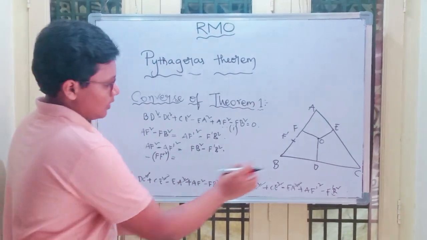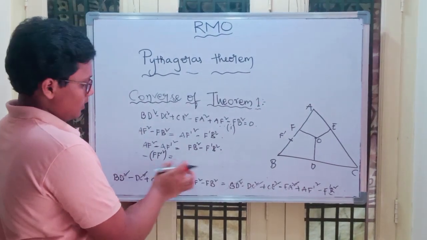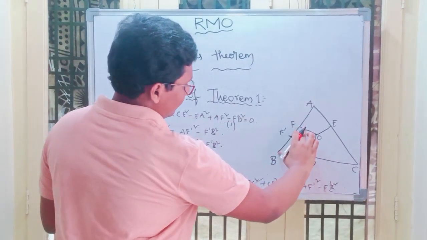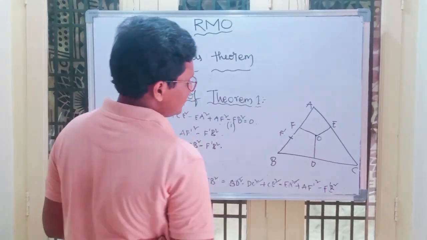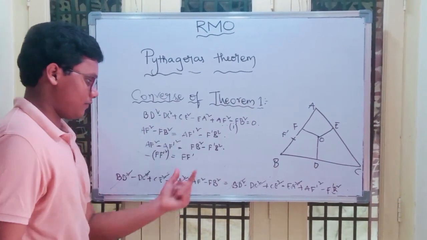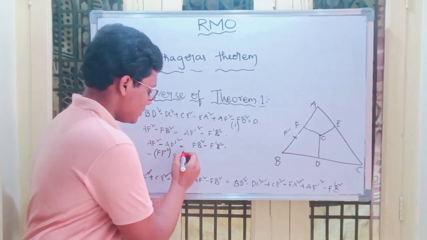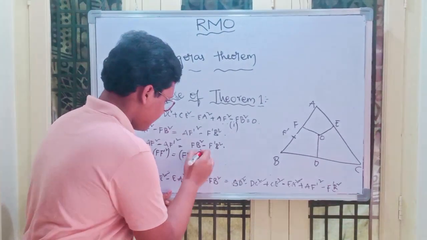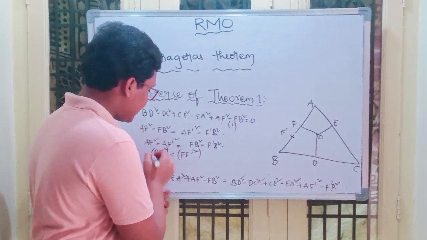And here FB square minus F dash B square is equals to FF dash square. Here square and square get cancelled.